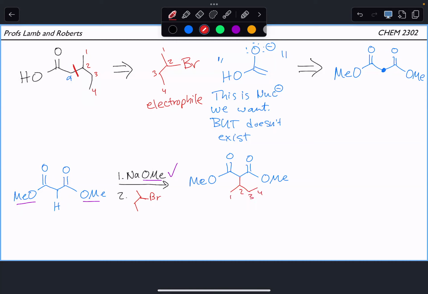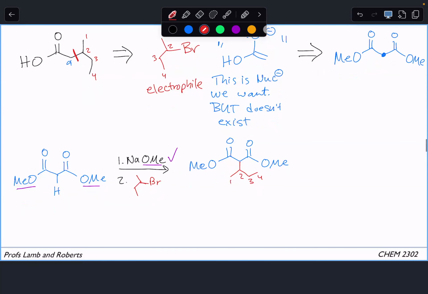Okay, so I added in my extra carbons, right? I kind of built up my carbon skeleton. Now I can do my saponification with my acidic workup to get to my diacid.